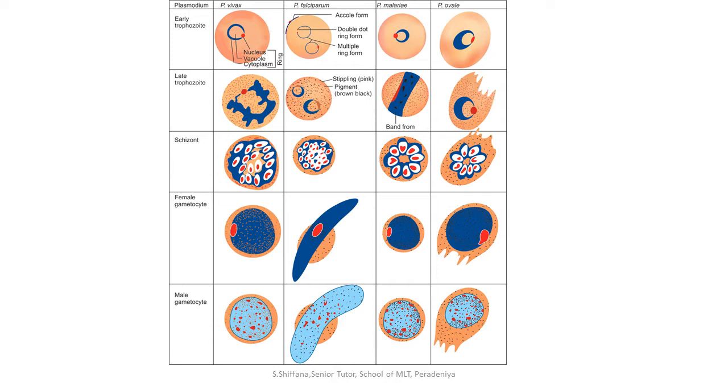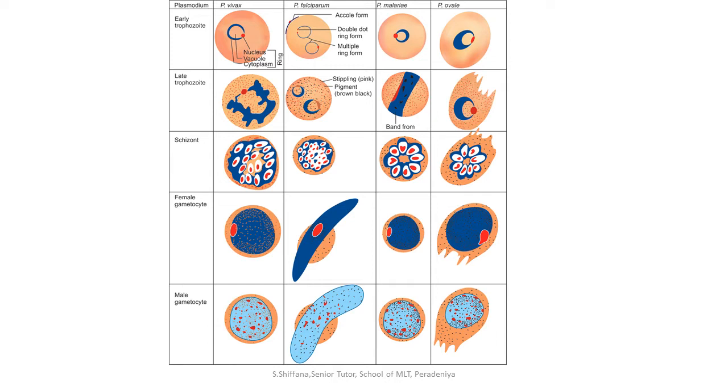The female gametocyte converts to a female gamete, that means it matures. But the male gametocyte, normally round in shape, converts into an elongated, spiral shape. It fuses with the female gamete to form a zygote, and the life cycle continues. Right, this is the life cycle.